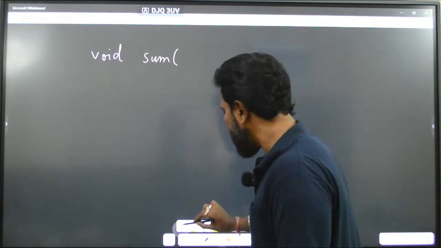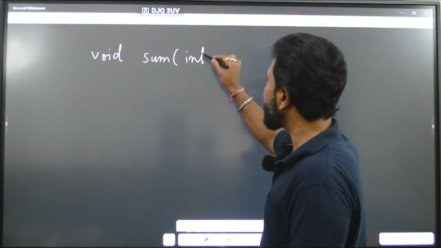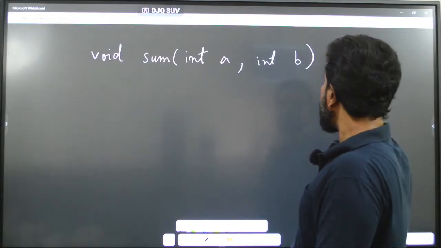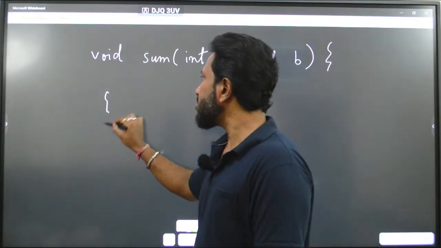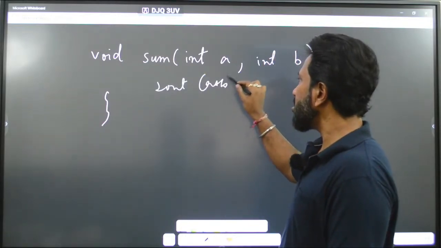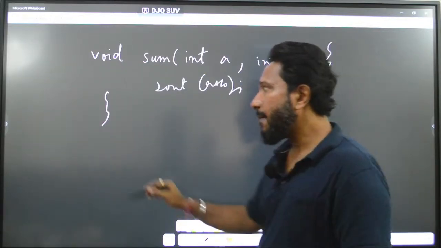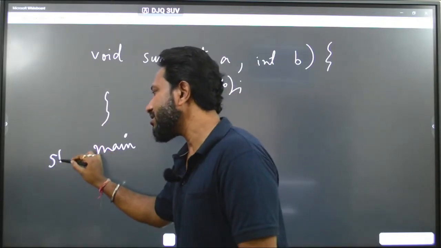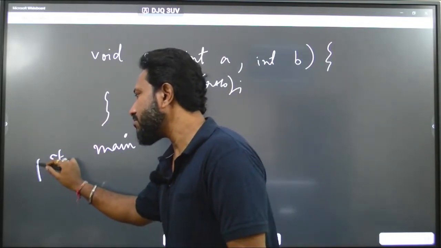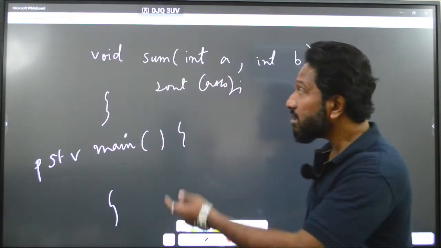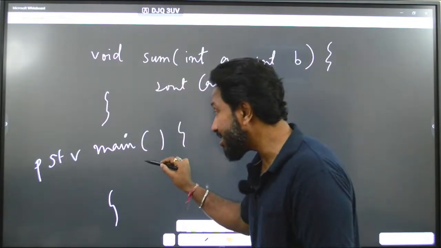So I had just created a function with int a comma int b, and in this function I have written System.out.println of a plus b, the sum. And after that I had the main function. The main function is static, public static void main.